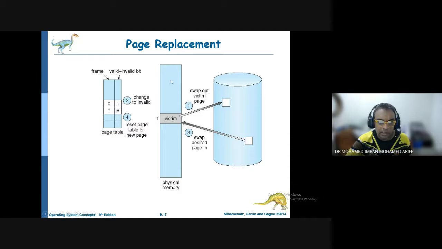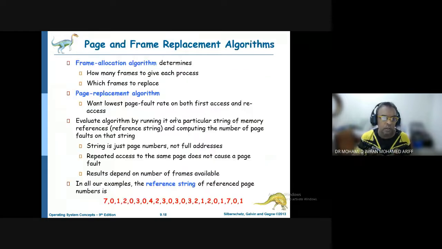Because maybe there are other locations semua dah penuh dah. But the operating system chooses this because mungkin file ni dah akan belum pakai lagi. Ataupun lama lagi nak pakai. Okay? Or maybe some other issues as well. So it will choose a victim frame. Alright. So these are some examples of how the operating system chooses a victim frame.